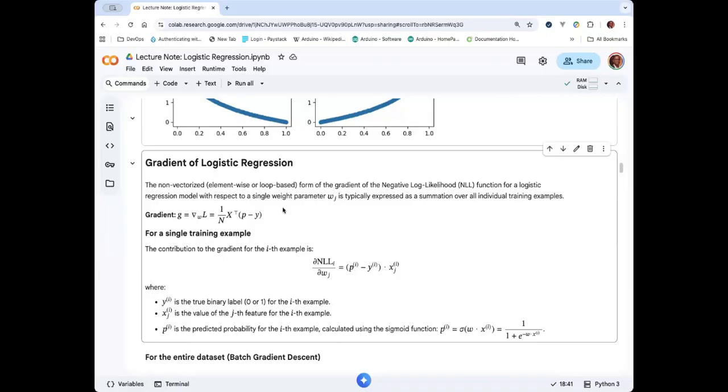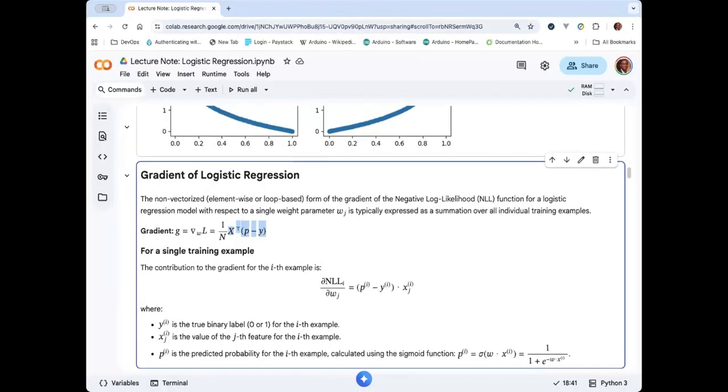Then for each feature, you will take this and multiply. This is basically the same exact equation as what we use for linear regression. With linear regression, you calculate the difference between y and y pred, or y pred minus y, whichever one you choose. But remember to take note of the sign as you choose.